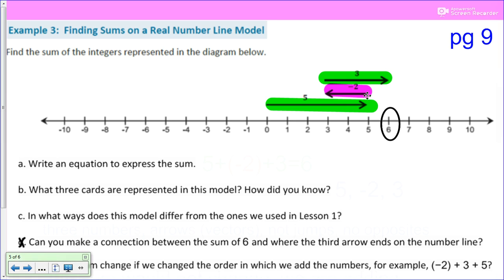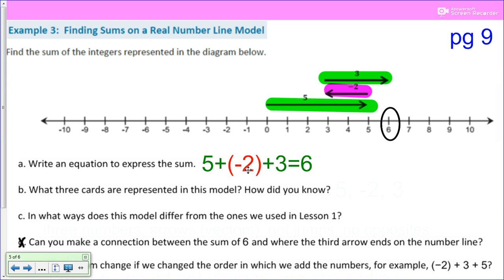We're then adding on or counting on a negative 2, the next one up, and then our final number is positive 3 because it's the one that's furthest away from that number line. Okay, so we have that again, positive 5, the negative 2, the positive 3, and when we add all of those together, it equals 6. And you'll see that my numbers are color-coded similar to my vectors.